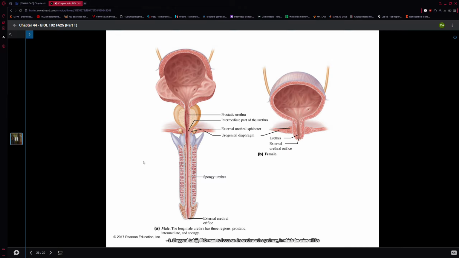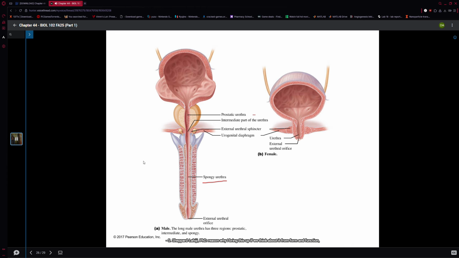I really just want to focus on the urethra, the pathway in which the urine will be expelled, just to show that the length of the urethra in the female is significantly shorter than in the male. In the male, it starts at the prostatic urethra and ends with the spongy urethra, ultimately exiting out of the urethral orifice.